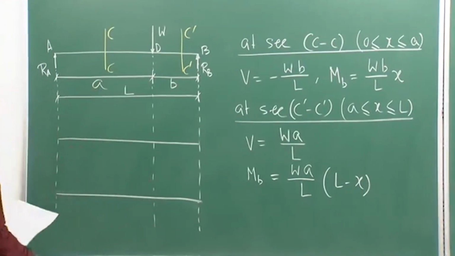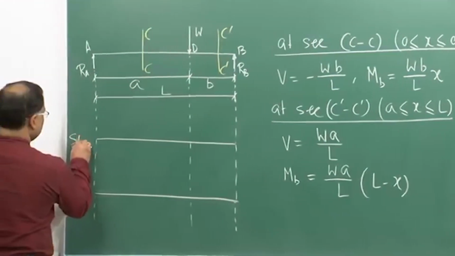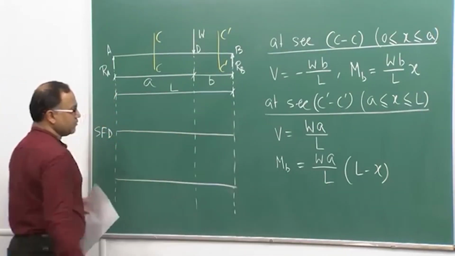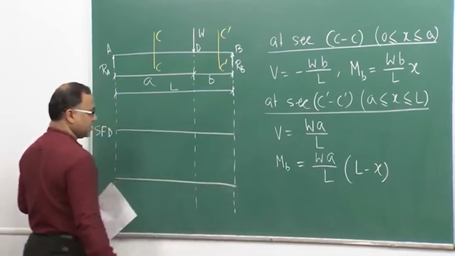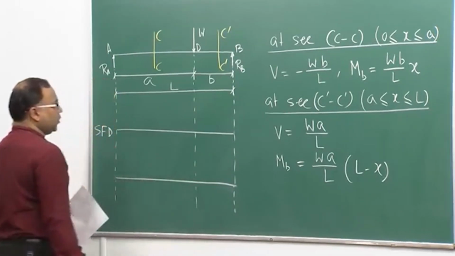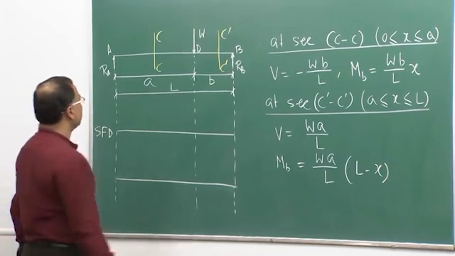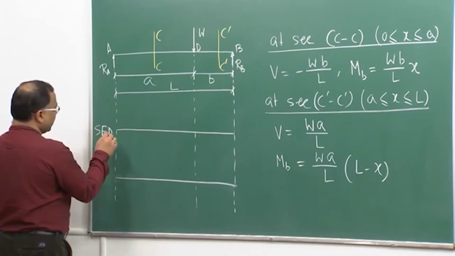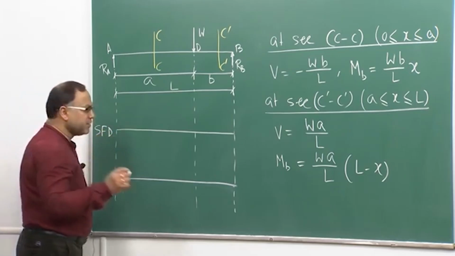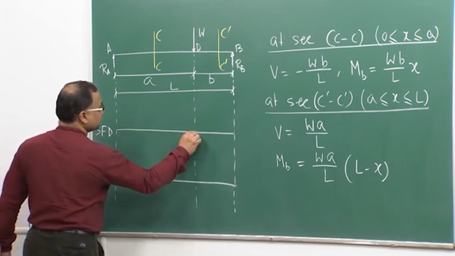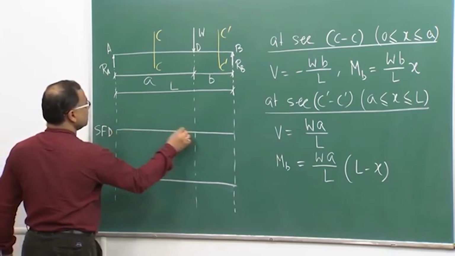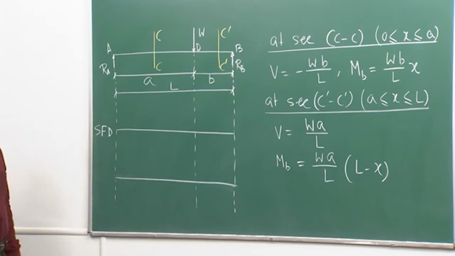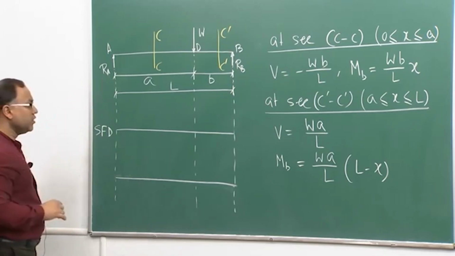So, this is my SFD. This side, this solid line is my baseline. Now, if you look at section CC, section CC is valid from this point to this point, from A to D, because it is varying from 0 to small a, right, that is shown here.